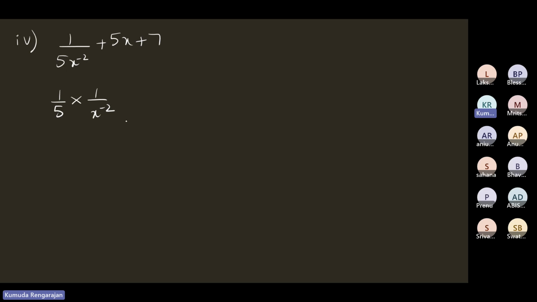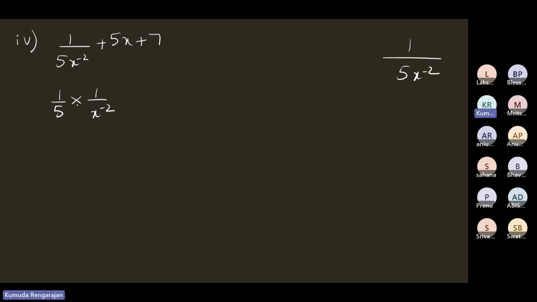Sometimes, we'll miss 2 steps and try to write the final step. You won't realize that you have not understood clearly, but you might be writing it correctly. So you believe that you have understood, but actually you might have not understood clearly. Always split like this and write till we understand. So it's not 1 by 5, it's 1 by 5x to the power minus 2.